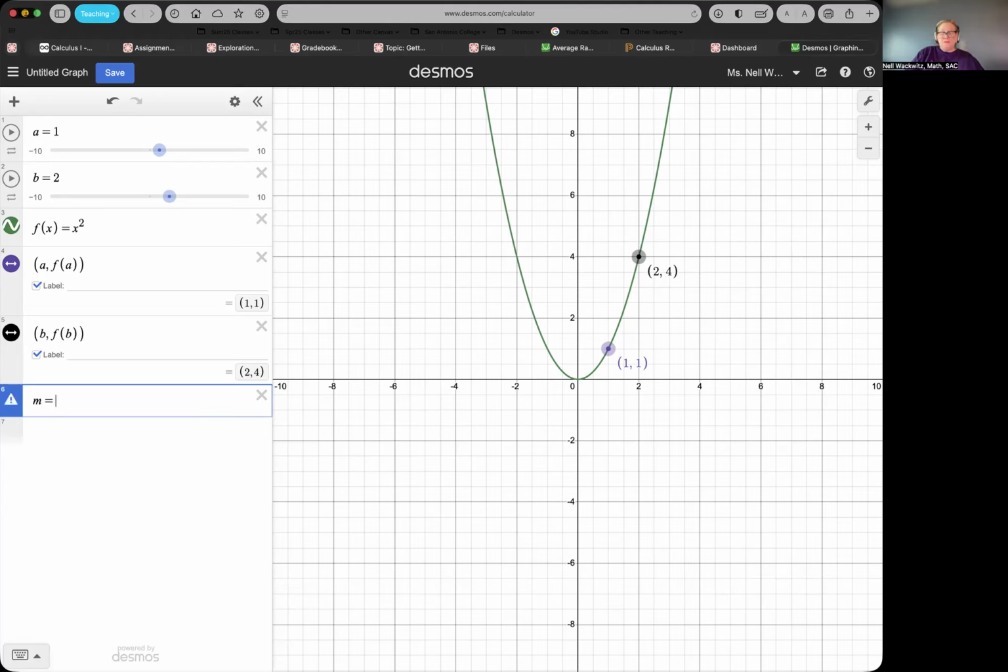M equals, I'm going to hit the slash. That'll give me a fraction. In the numerator, the y values, f of b minus f of a. In the denominator, the x values, b minus a. And you see that it actually gives me a slope, 3. So the slope of the line that joins these 2 points is 3.